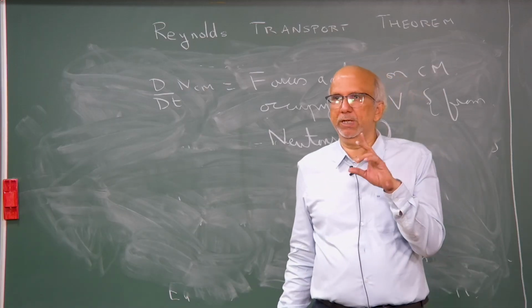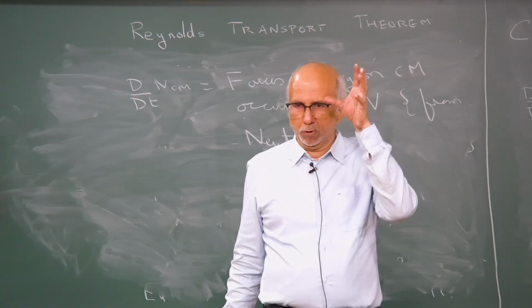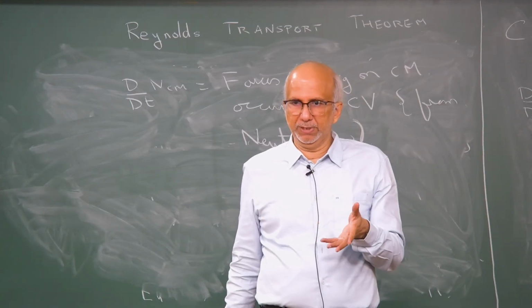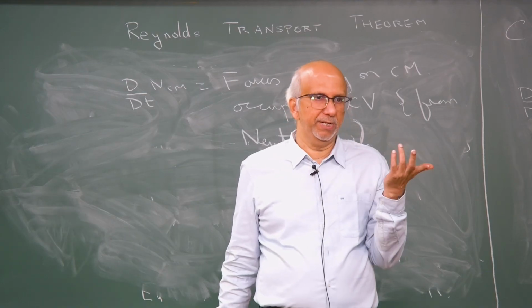And basically there are two kinds of forces that we are looking at. One is the body force, which is there because of gravity. So, what is going to be the body force? It is just rho g dV.